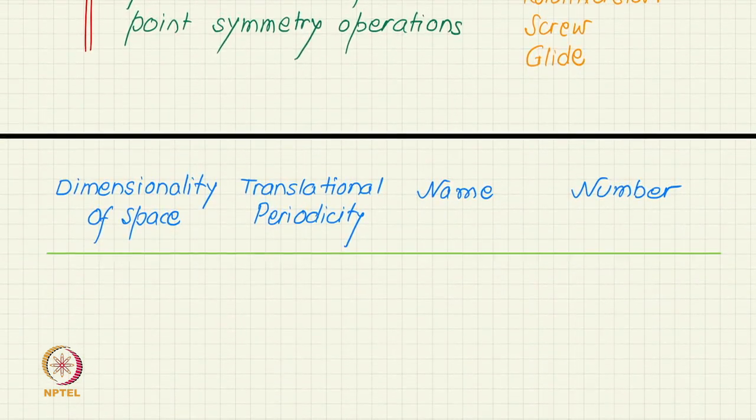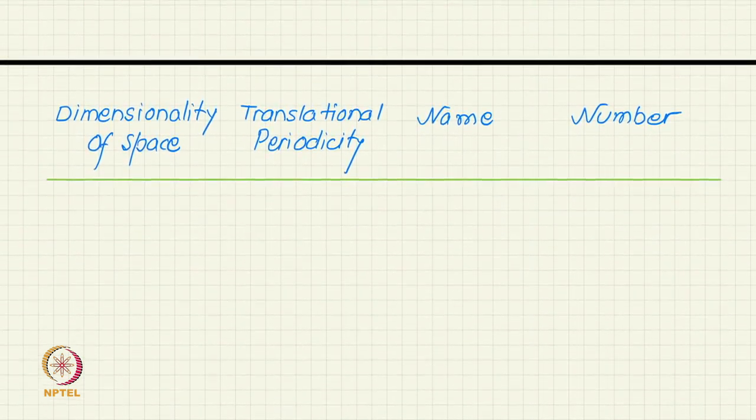So, although we are starting 3 dimensional space groups in this video, it is not that we are meeting a space group for the first time in this series of lectures. We in fact have met a space group with different names. If the dimensionality of a space is 2, a 2 dimensional space, but translational periodicity is only in one direction, then we have a space group which we called in this special case a Frieze group.